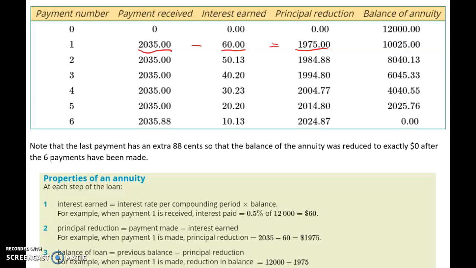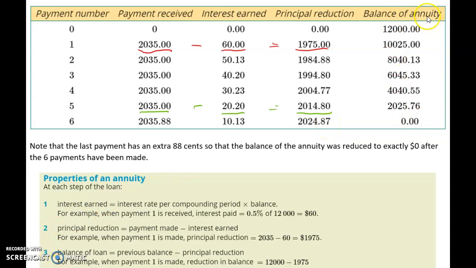Down here at payment 5, we still got $2,035. This time we haven't earned as much interest because we've got less balance to work with. So Joe's only earned $20.20 interest, which means his loan goes down a bigger amount. It goes down $2,014. So that's why the principal reduction gets larger as you go down the columns.